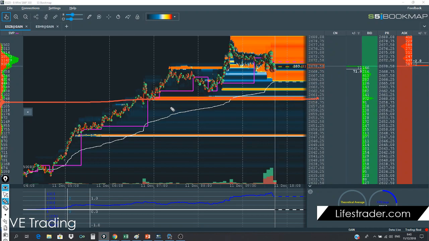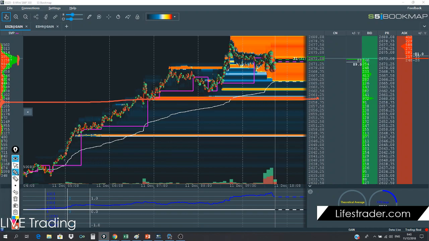The second important area is the POC of the day, the point of control, 26.72. That's the area I wanted to follow, this and this one.